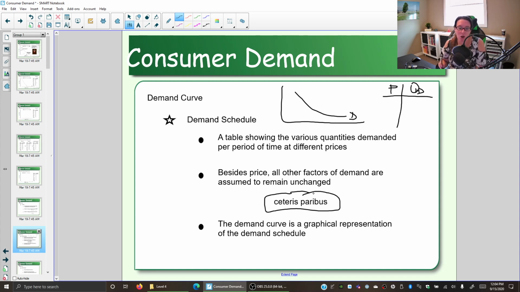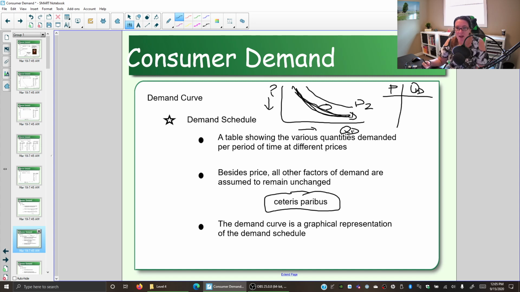We're actually going to talk in some later videos about what happens when you start to change those things. What it will do is shift or change the demand curve. But right now, when we look at creating a single demand curve, this is based on only changing price. The price goes down, the amount people are willing and able to buy goes up.